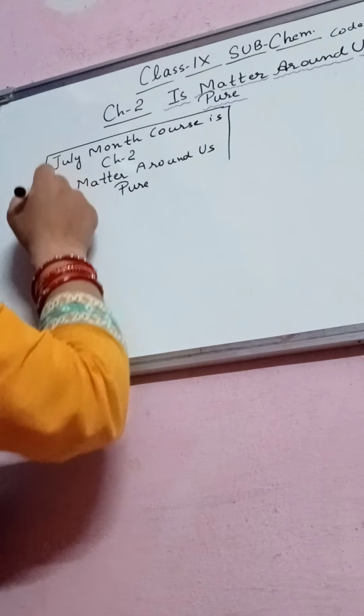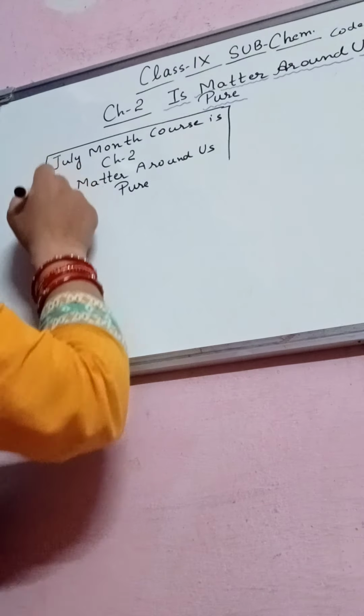For a common person, a pure substance is one which contains no impurities or contamination. You will say to the shopkeeper, give me pure ghee, pure atta, pure milk. Similarly, you will say pure honey also.